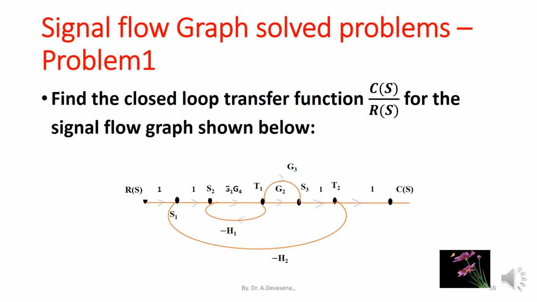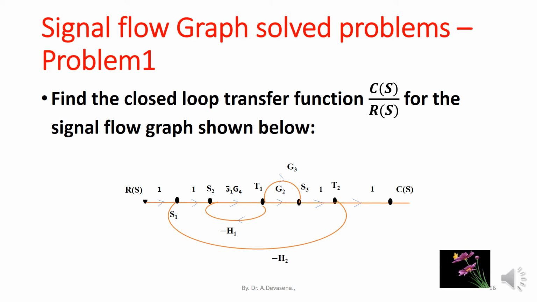The signal from T1 is applied to summing point S3, with a gain of G2. And from the takeoff point T1, another signal is taken that is applied to summing point S2, with a feedback value of minus H1.